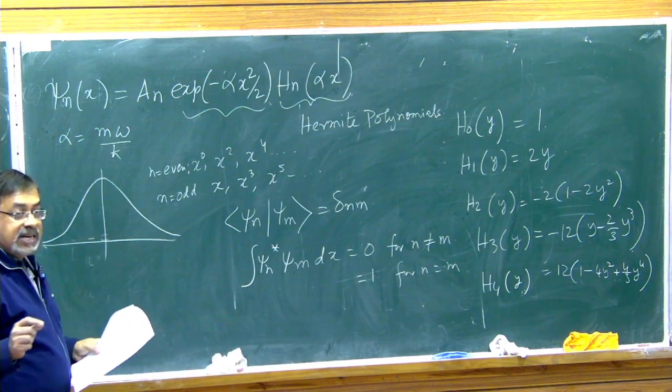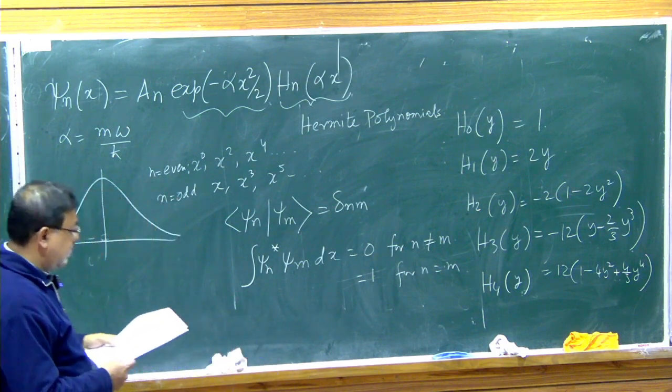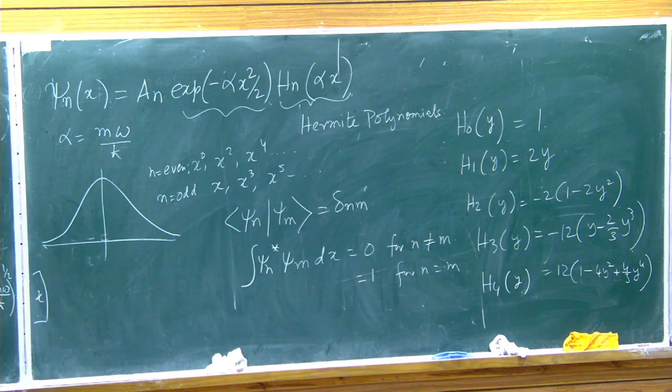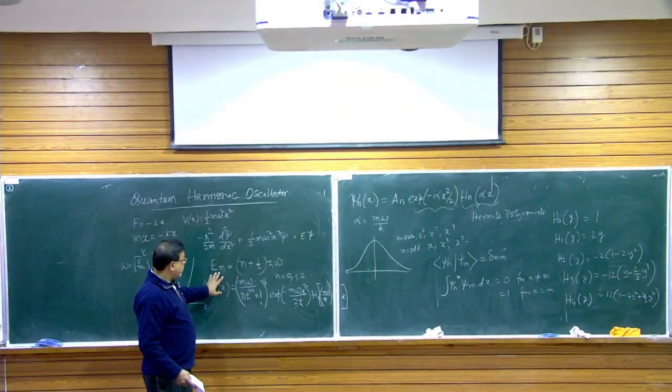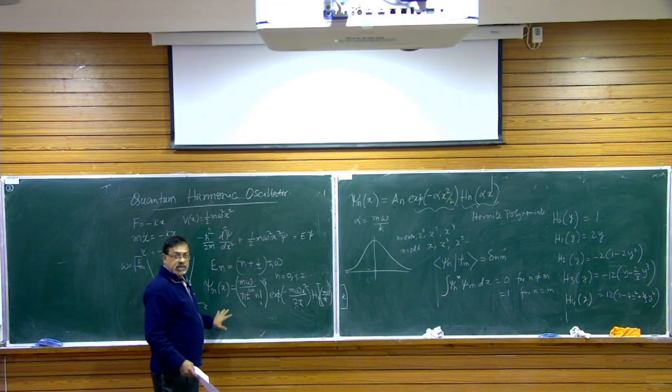They need an additional factor in order for them to be normalized. Not so important for us, but coming back to this here, where we have written down the energies and the wave functions, that part is the most important thing.